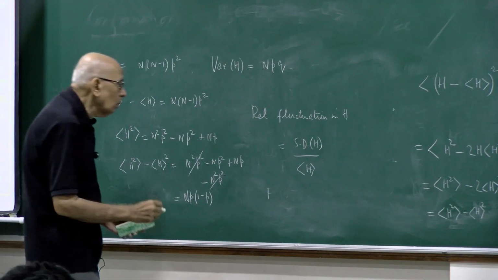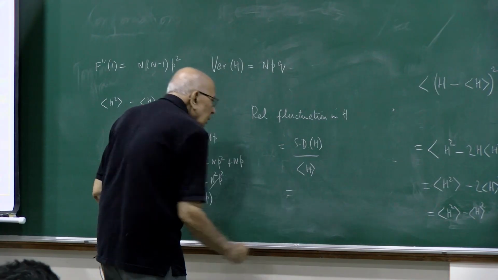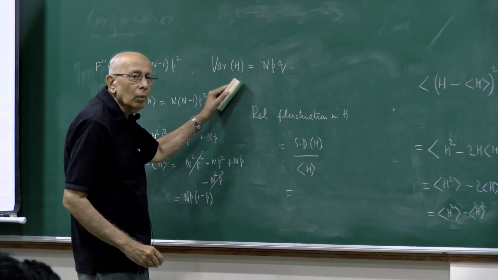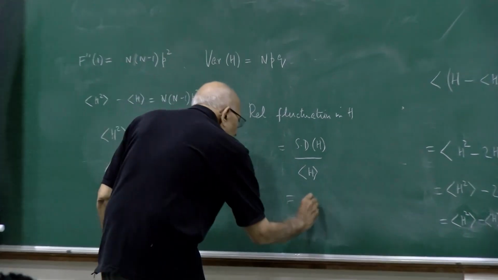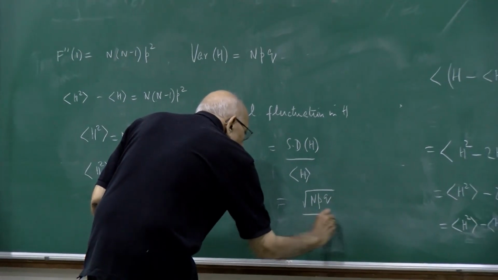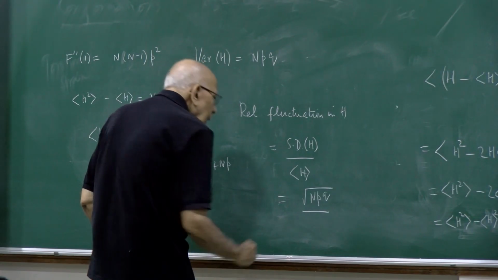What is it in our Bernoulli trial problem? What's the standard deviation? The variance is sitting here. What's the standard deviation? The square root of this guy. So this is equal to square root of npq. What's the mean? np.